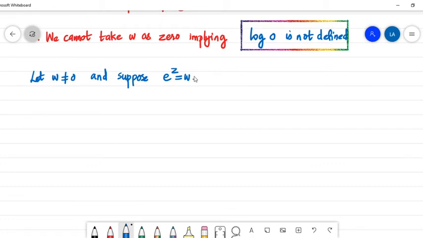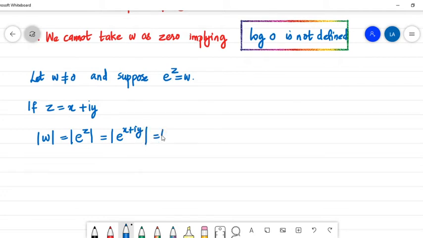Now, normally z is written as x plus iy, where x is the real part and y is the imaginary part. Now I am going to take the modulus of w. Modulus of w is nothing but modulus of e raised to z, because we have assumed w is equal to e raised to z. That is equal to modulus of e raised to x plus iy.